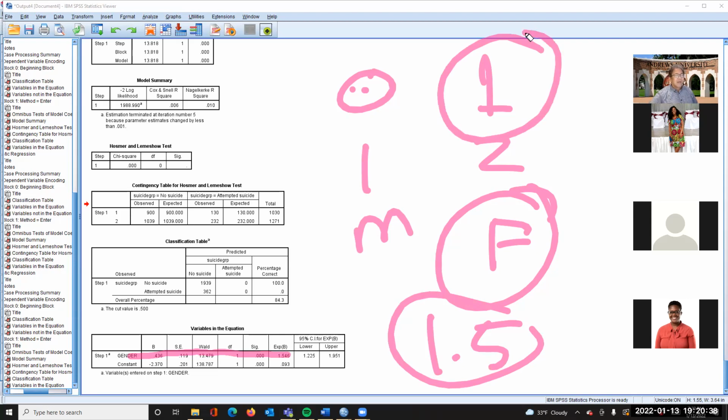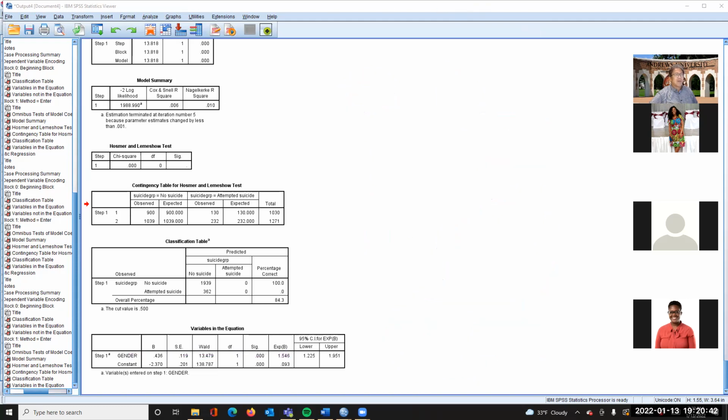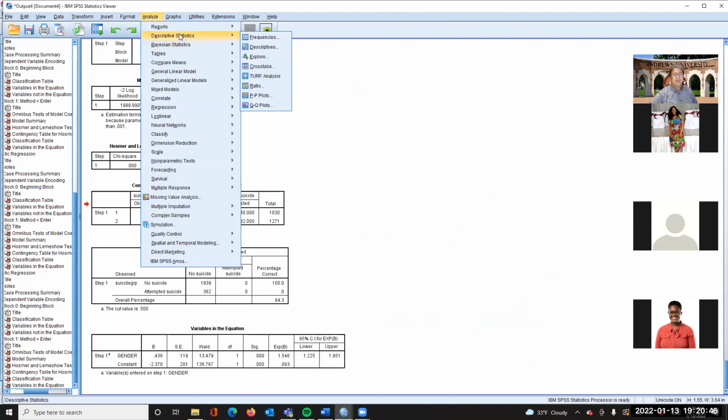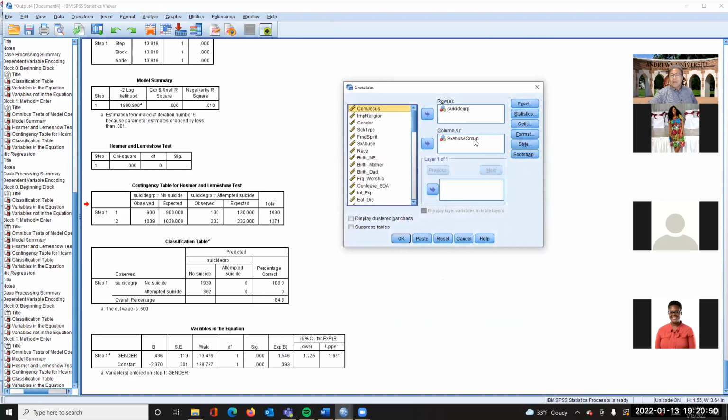And an easy way to determine that is if you do a cross tab. So instead of sexual abuse, let's do gender.